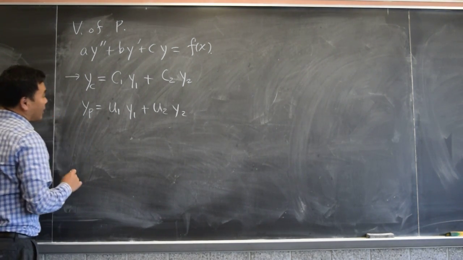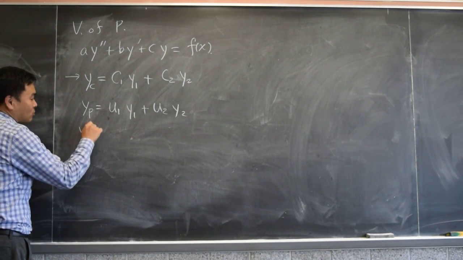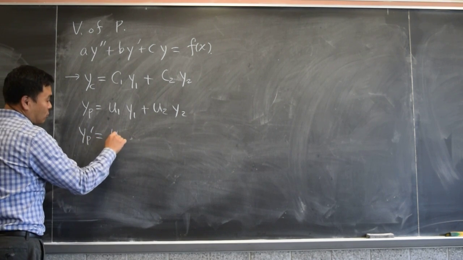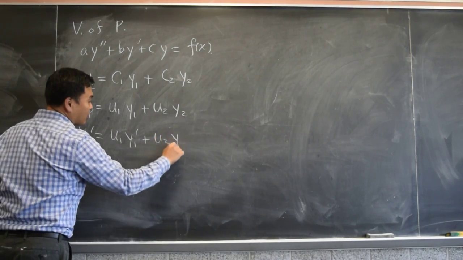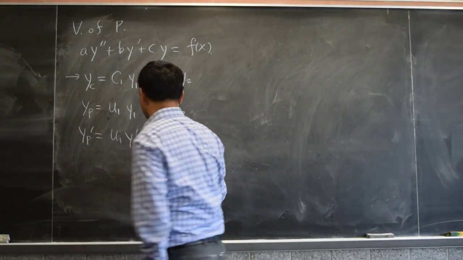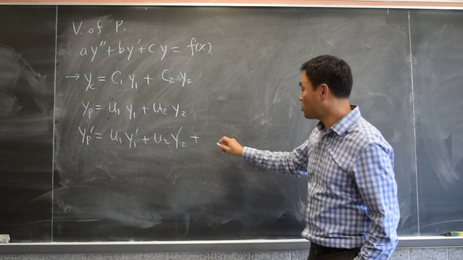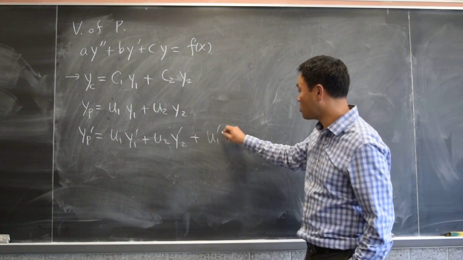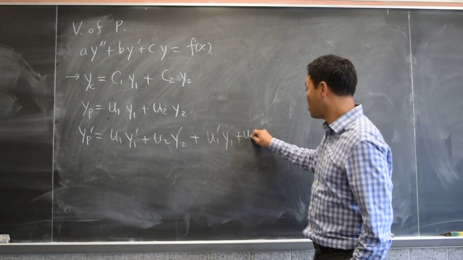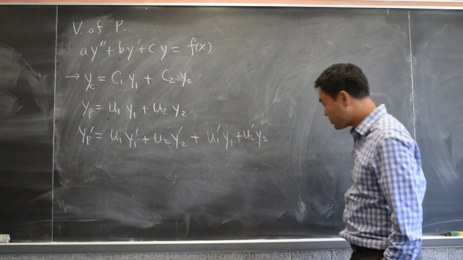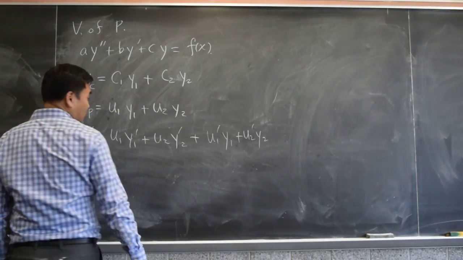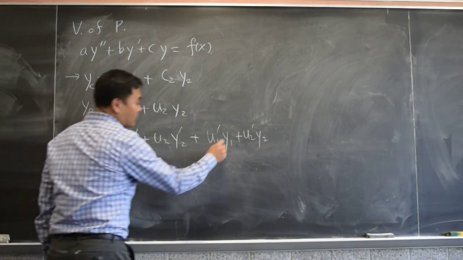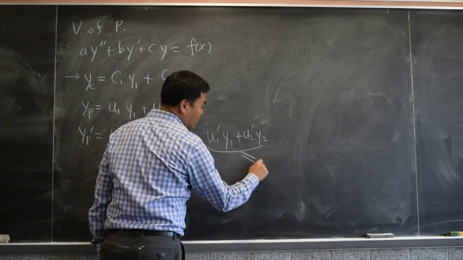And then when you differentiate, you get u1 y1 prime plus u2 y2 prime, and then the product rule also produces the ones with u1 prime y1 plus u2 prime y2. And then you assume that this is equal to 0.